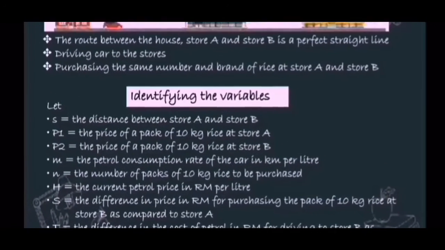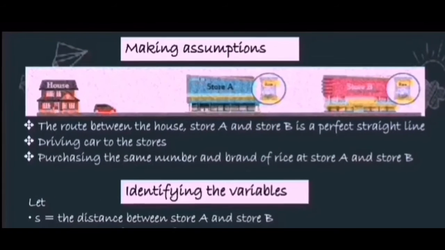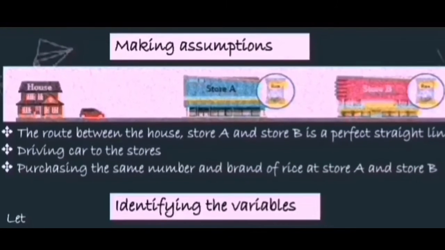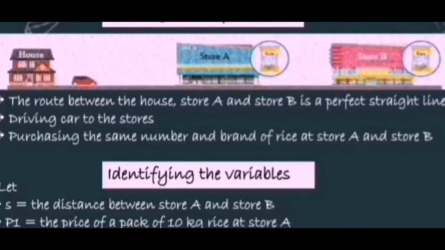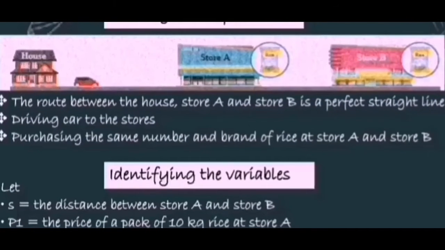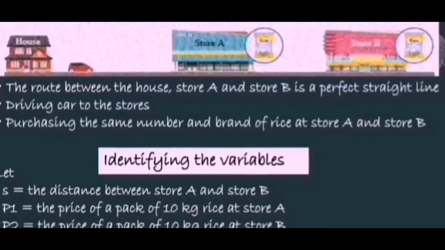Then we must make assumptions. The road between the house, store A and store B is a perfectly straight line. Driving a car to the store, purchasing the same number and brand of rice at store A and store B.